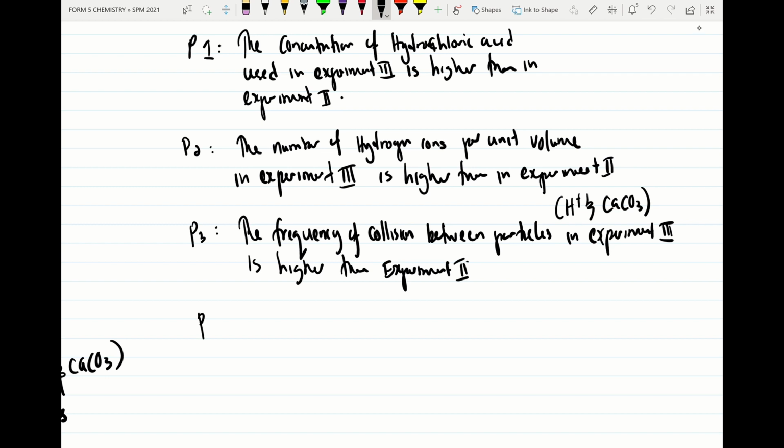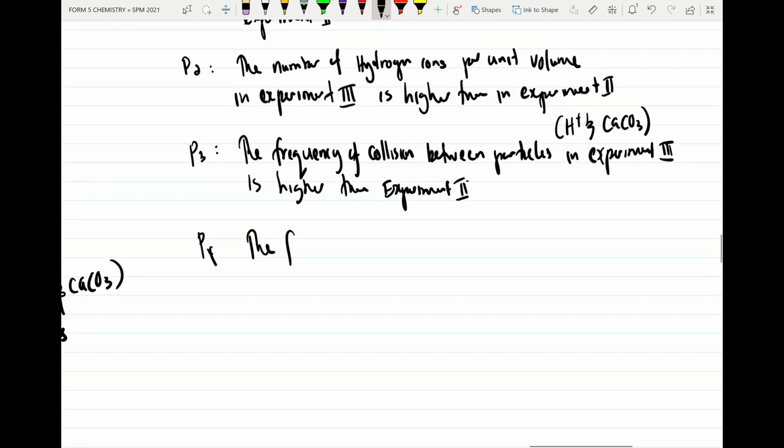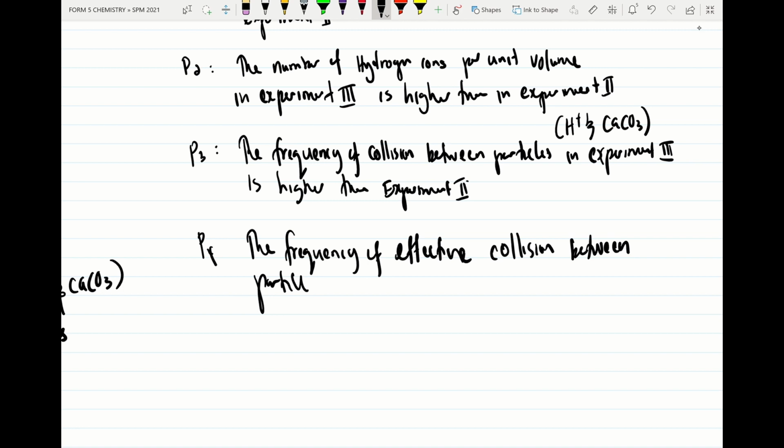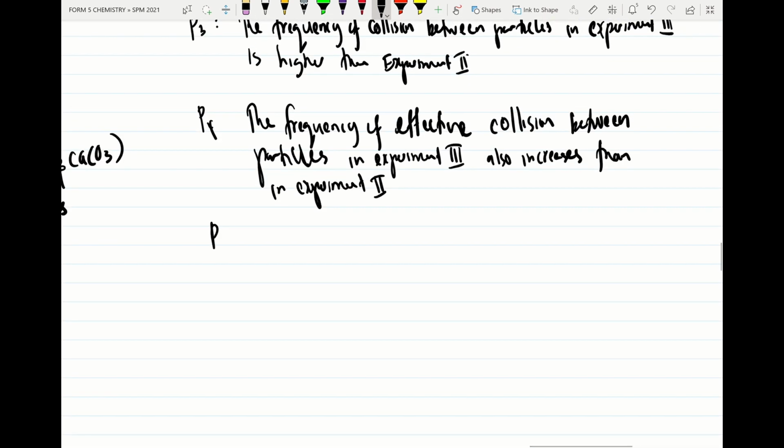All right, so point number 4, we go for the frequency of effective collision between particles, or the student can name the particles like this one. All right, particles in experiment 3 also increases or higher than in experiment 2.